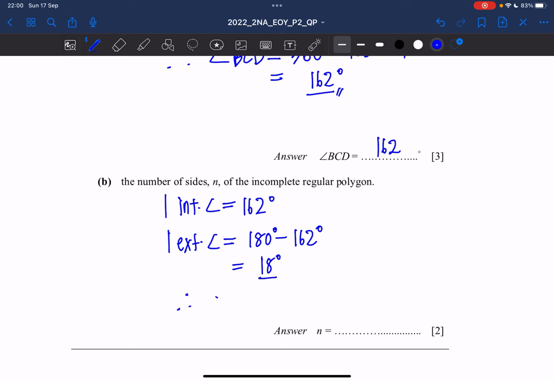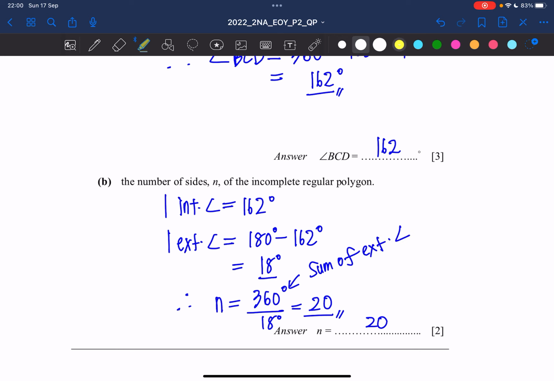Therefore, the number of sides is 360 divided by 18 degrees. So the number of sides is 20. Why 360? This is the sum of exterior angles. The sum of exterior angles is always 360 no matter how many sides you have in your polygon.